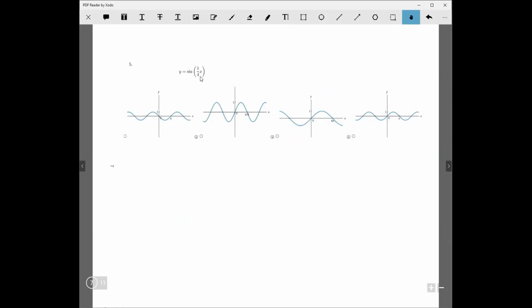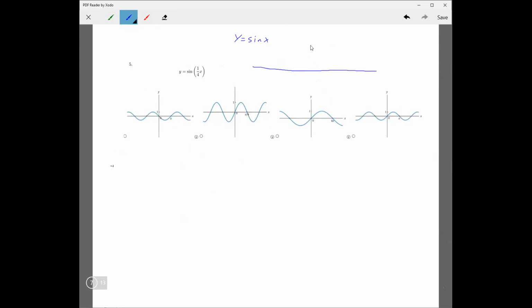So we have sine of 1/4 x. Okay, so we know that the sine looks like this. It goes through 0, 0, and at pi it's back down to 0, but at pi over 2 it's at its high point, up here at 1.